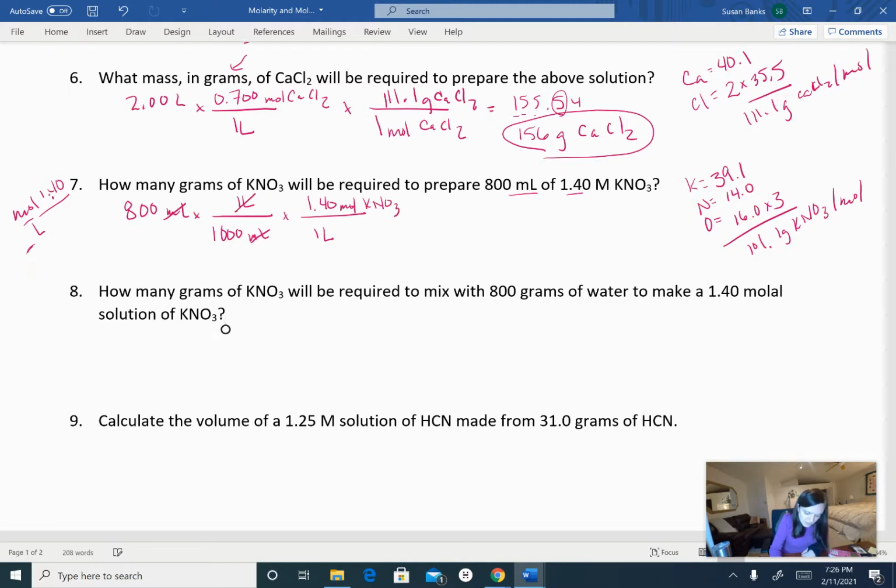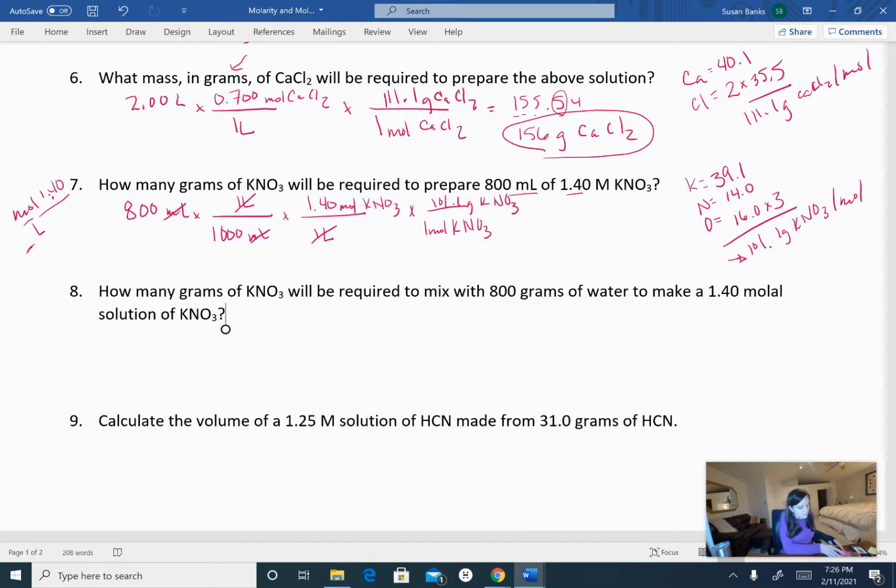So there go my liters. They're gone. Now I can use this over here to convert from moles to grams. So I want moles to cancel out, so I'm going to put that on the bottom. So in 1 mole of potassium nitrate, I have 101.1 grams of potassium nitrate.